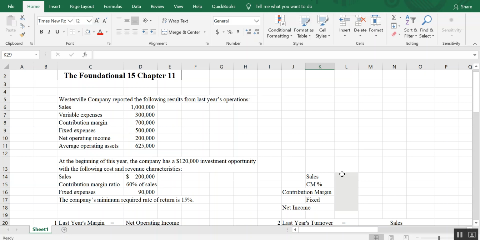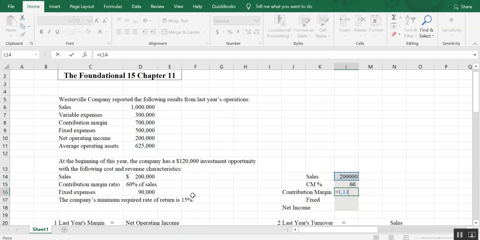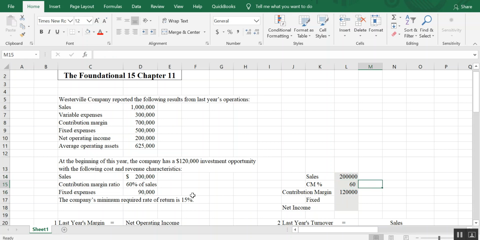We have projected sales of 200,000 and a contribution margin ratio of 60%. We multiply the 200,000 times 0.6, which is the same thing as 60%, and we wind up with a contribution margin of 120,000.